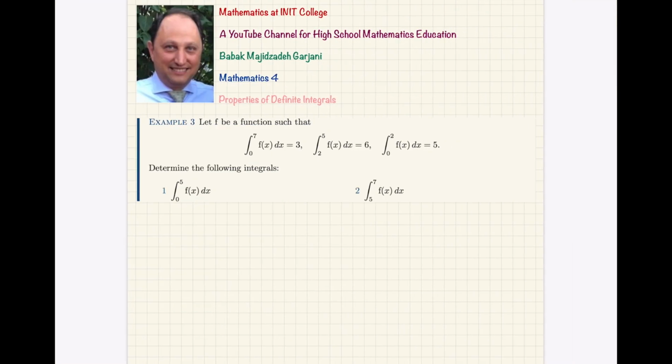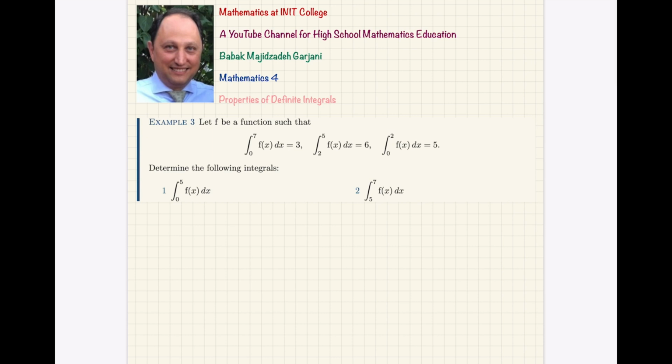Okay, another type of questions, for example, you see here, this is one of those questions that there is no other way to solve this problem except that you use these properties. Because how do you want to calculate this? Because you don't know anything about the function f, so you cannot use the Newton's theorem here. Okay, so if I want to calculate this, I have to use this information given in the problem.